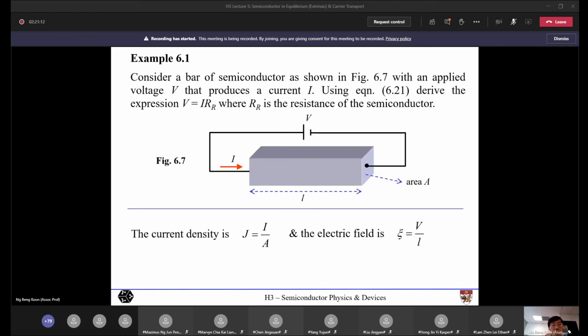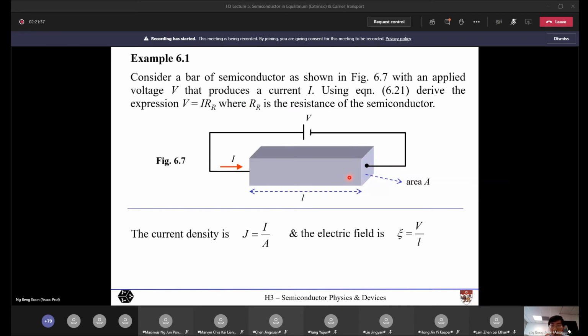Okay, let's look at an example to derive the relation between voltage and current for a semiconductor using the drift current equation. In this case, we have a piece of semiconductor with a length of L that has a voltage of V applied. So we have a voltage V connected to the two ends of the semiconductor.